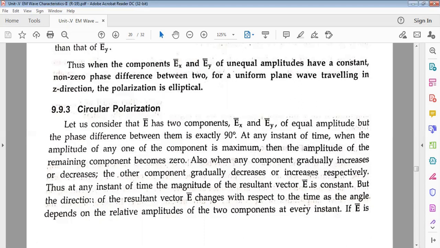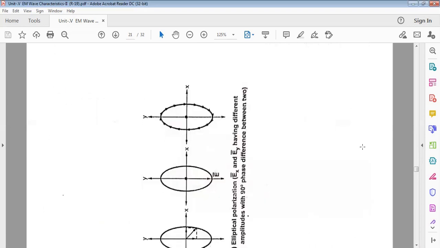Also, when one component gradually increases, the other gradually decreases, and vice versa. Thus, at any instant of time, the magnitude of the resultant E bar is constant, but the direction of the resultant vector E bar changes with time, as the angle depends upon the relative amplitudes of the two components at every instant.